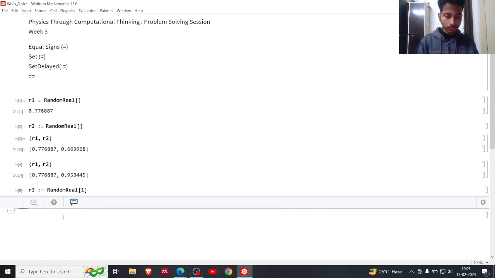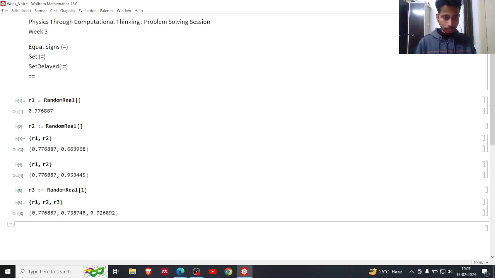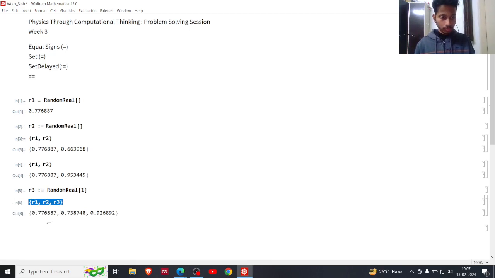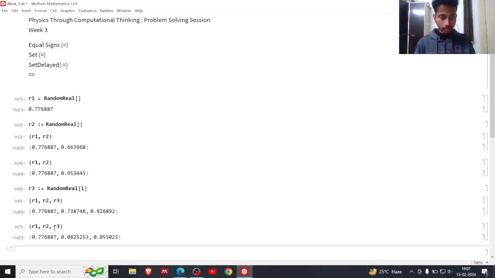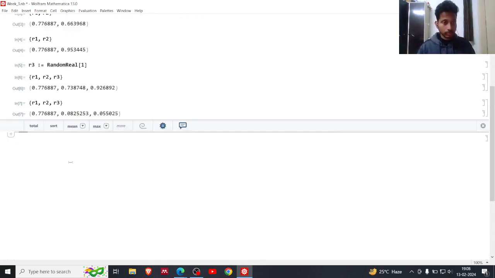Now R1, R2, R3. R1 is always fixed, R2 is this, R3 is this, and again the same thing is happening because we are running the same code.